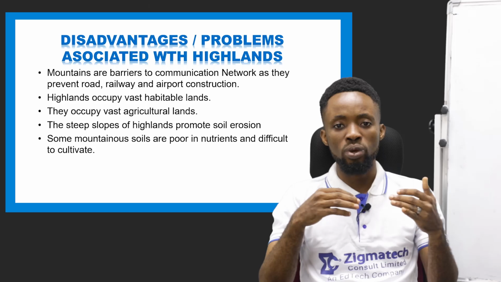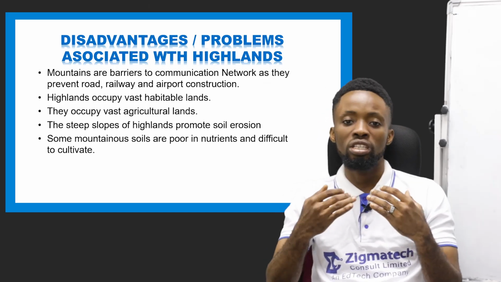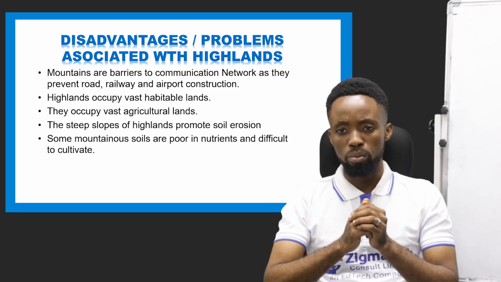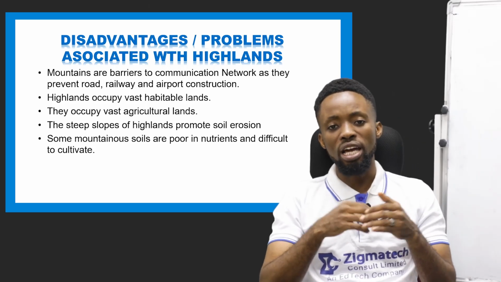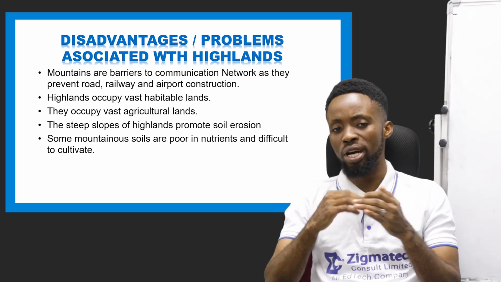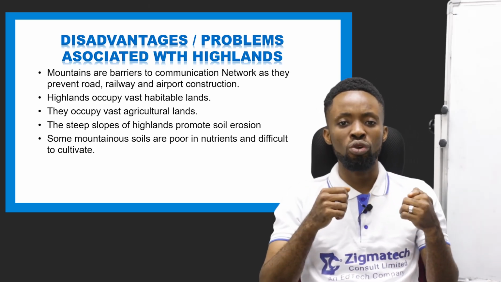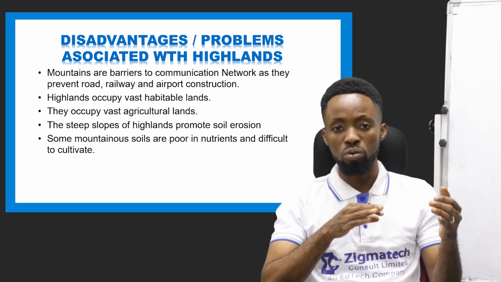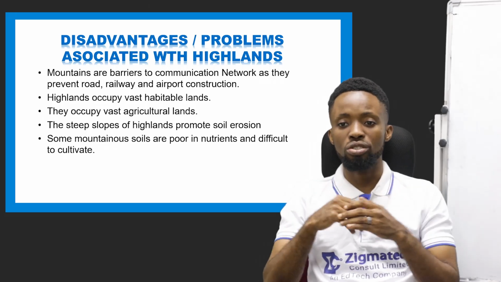So places where we have highlands, they are usually not habitable because the land area has been occupied by the mountains and the plateaus. And the next disadvantage is that these highlands, they occupy vast agricultural lands that could be used for different agricultural purposes, is now occupied by the mountains and plateaus.